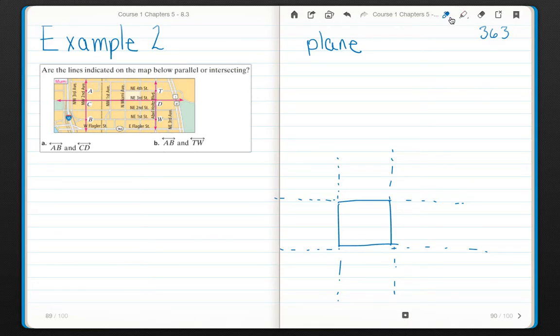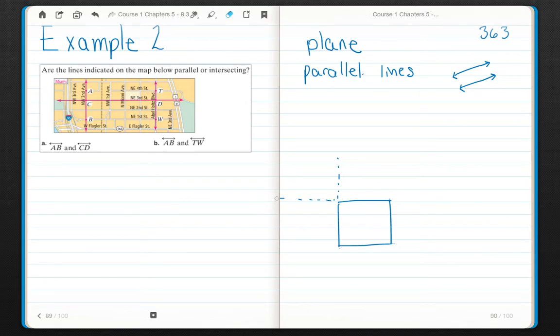Now, parallel lines, okay? Lines that never touch. Think of railroad tracks. There are two lines that never touch. So on that box, if I was to draw the rest of the box, there we go.